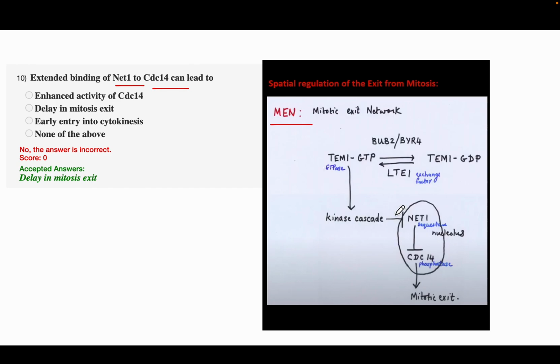In this case, you can see in the kinase cascade, NET1 is inhibiting CDC14, which is a phosphatase, and CDC14 helps in mitotic exit. So if NET1 binds with CDC14, the phosphatase effect of CDC14 is hindered. So then what will be delayed? The delay will be in mitosis exit.